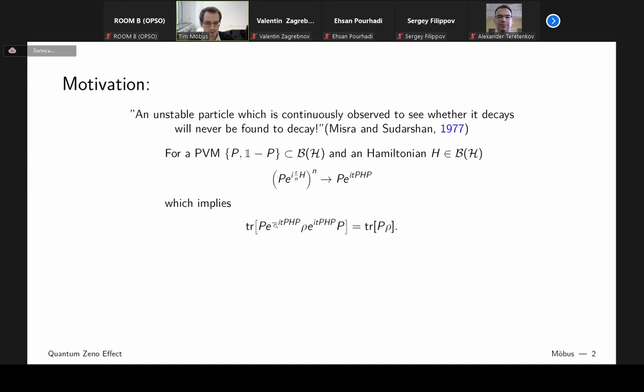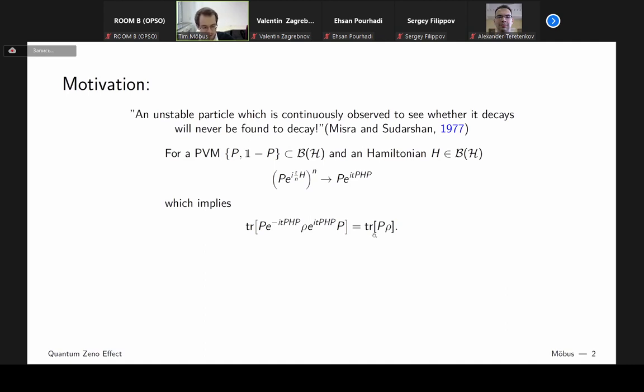The P commutes through, and since we can commute the operators from left to right, we see that the probability is the same as the probability that the particle at the beginning has decayed or not. Which means there's no influence of the time evolution anymore. That's the theoretical result they published in 1977.